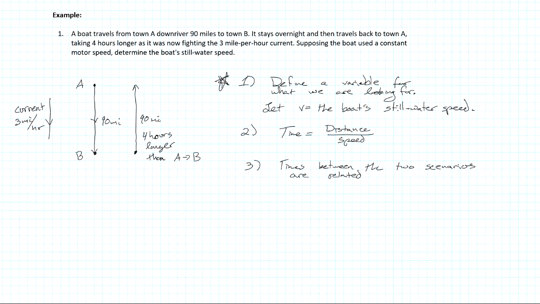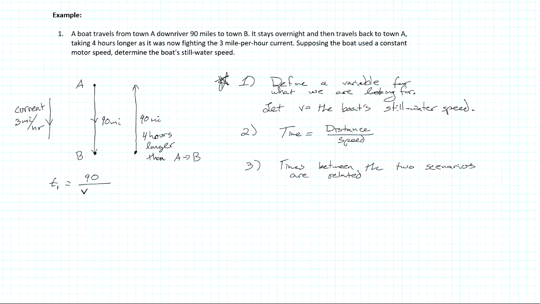So let's start, now that we've got our variable defined, let's find the time. I'll say T1 for the trip from A to B where we're going with the current. So the distance is 90 miles, and the speed is going to be V, our still water speed, right? We have the engine set to a given still water speed for both the trip there and back, same engine setting both ways.